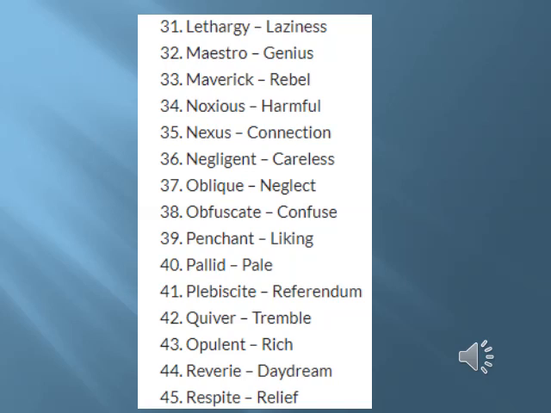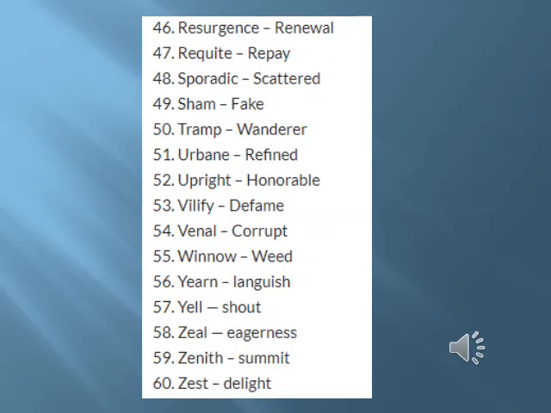Respite, relief. Resurgence, renewal. Requite, repay. Sporadic, scattered. Sham, fake. Tramp, wanderer.